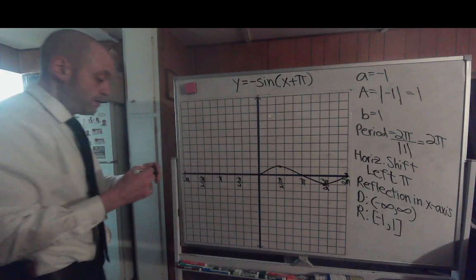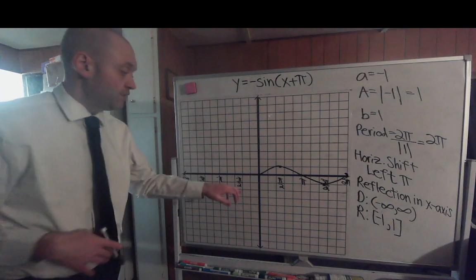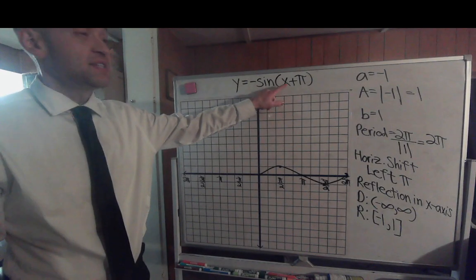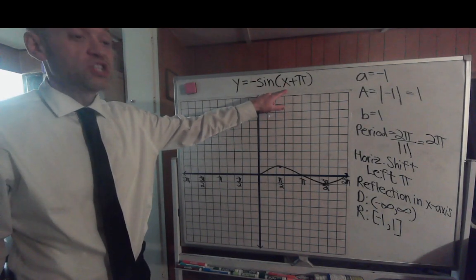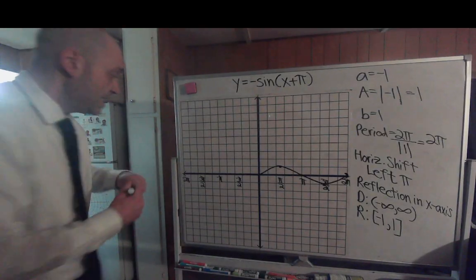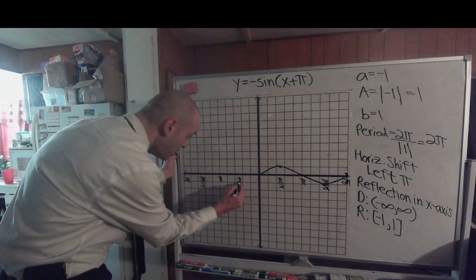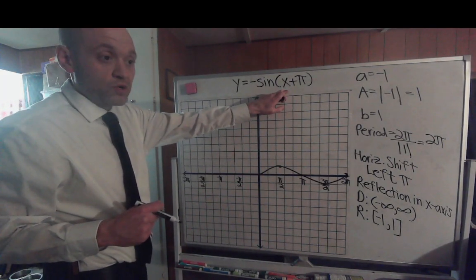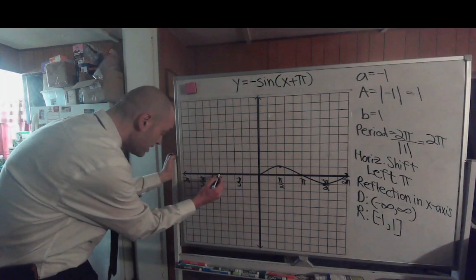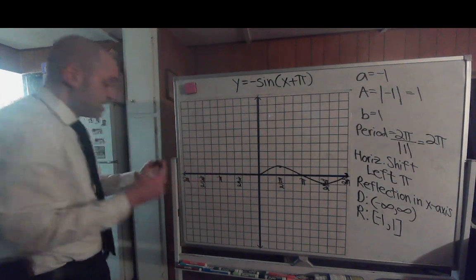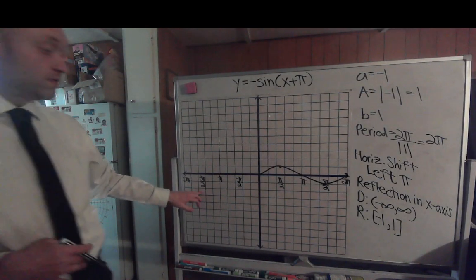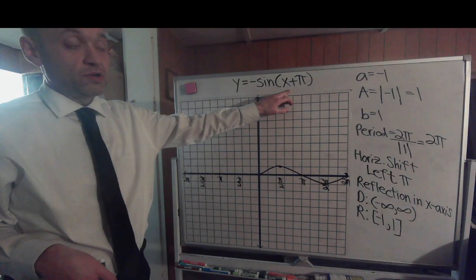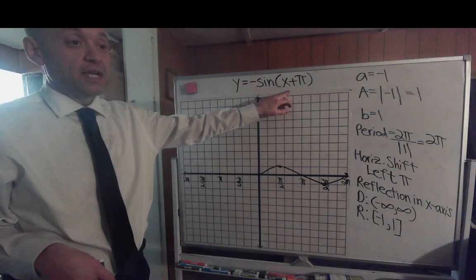All right, now negative pi over 2. If I put in negative pi over 2, this would be like the sine of pi over 2, which is normally positive 1, but you negate that, you'll get negative 1. Let's put in negative pi. That would be like the sine of 0, which is 0. Now if I put in negative 3 pi over 2, that would give me the sine of negative pi over 2, which would normally be negative 1.